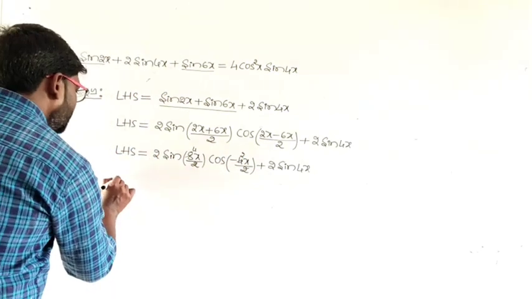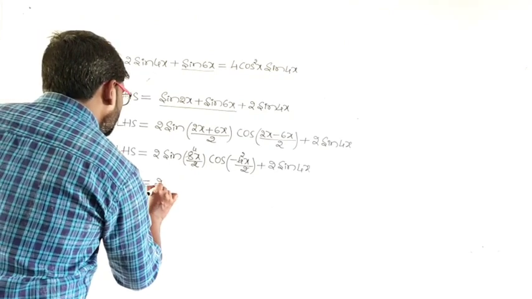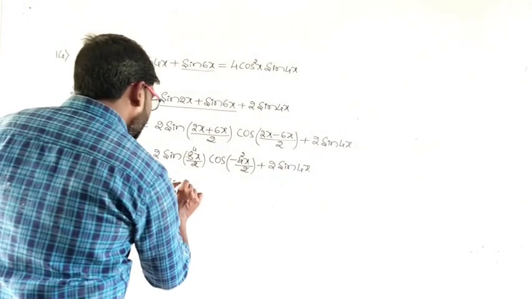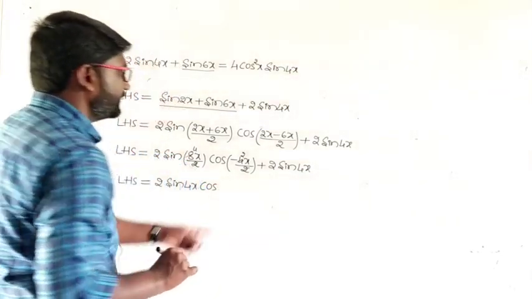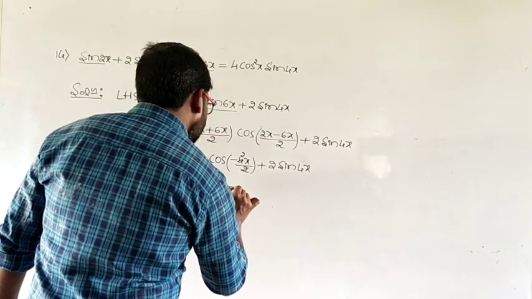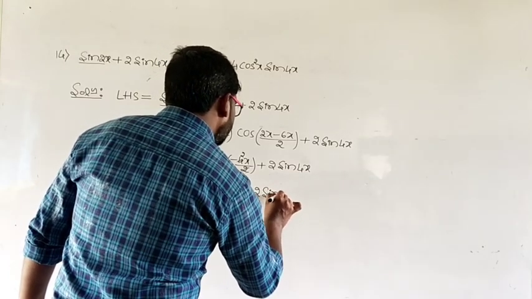So now the left hand side is equal to 2 sin 4x into cos minus 2x plus 2 sin 4x.